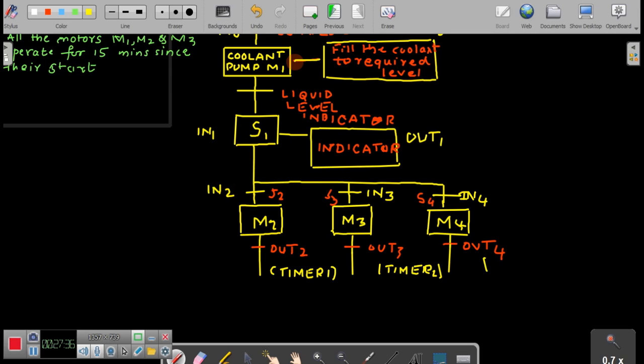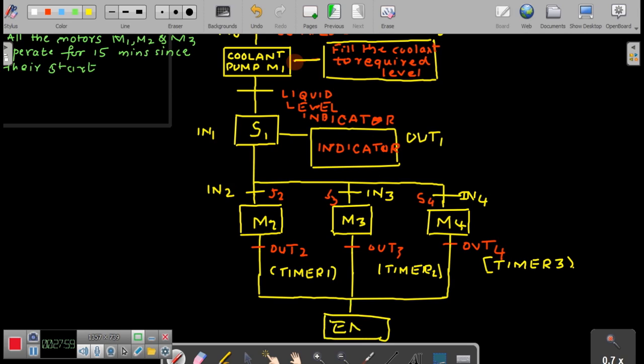So this is timer 3. Now all these operations would converge into an end operation. You can write it separately also, because when exactly a motor gets turned off, we do not know. That all depends upon when your switch S2 or S3 or S4 are turned on. So accordingly, you will have to have the end here.